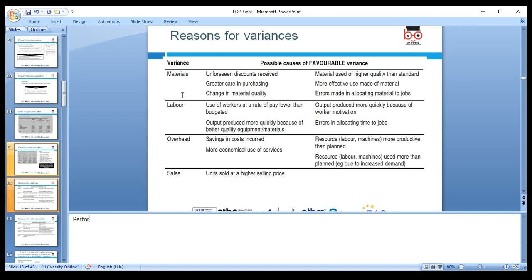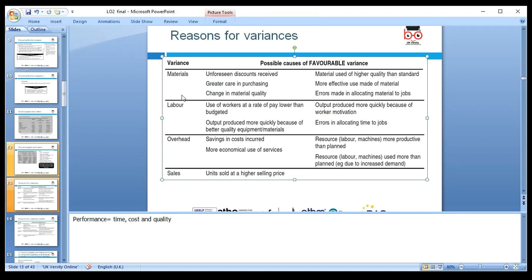What we said: performance always equals time, cost, and quality of the product. If you're saving on cost, maybe your labor is using more time because the material was low quality. And the quality of the product will be bad, and ultimately customer satisfaction will be lower.